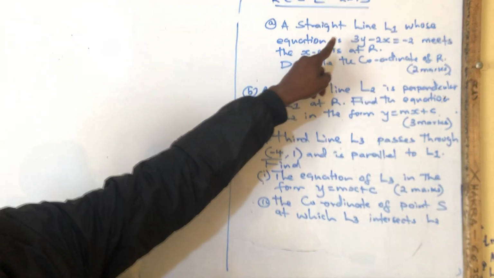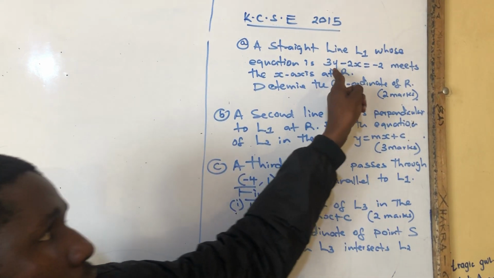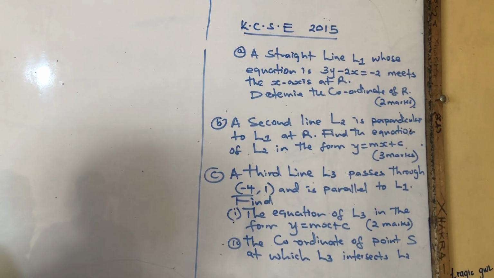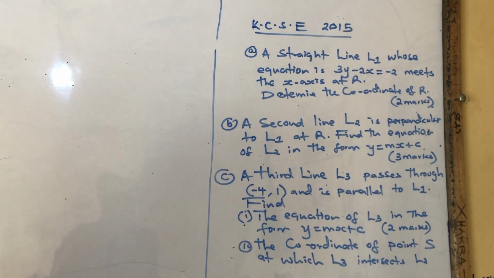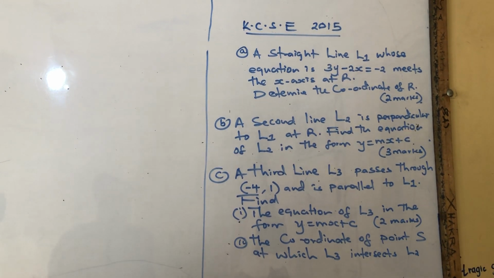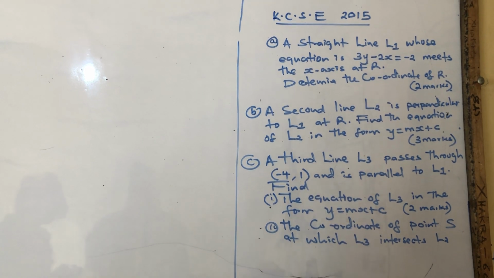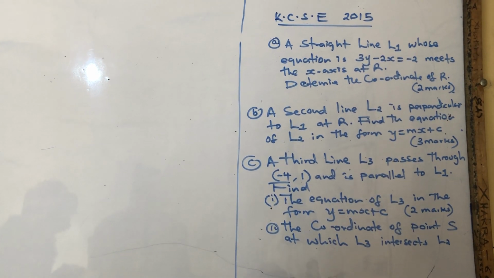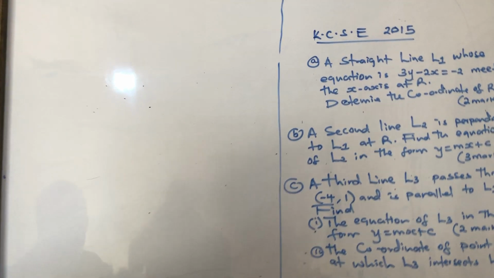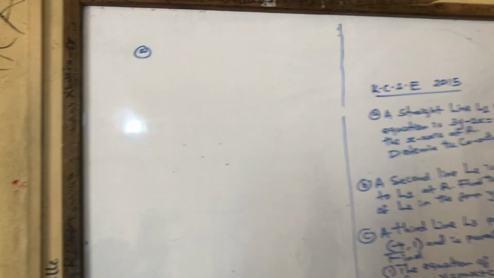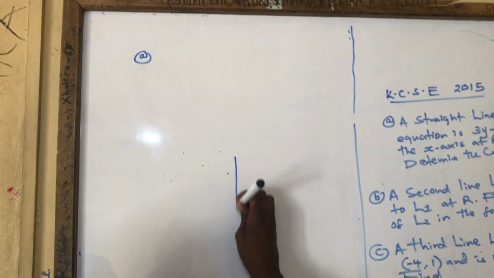A straight line L1 whose equation is this meets the x-axis at R. The question is asking you to determine the coordinate of R. How do you obtain the coordinate of R? Allow me to think diagrammatically. What is the question telling us?